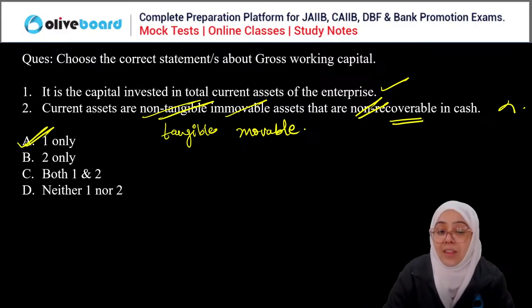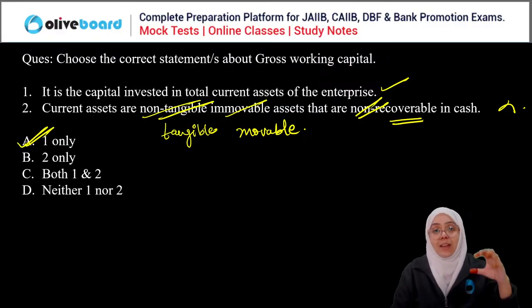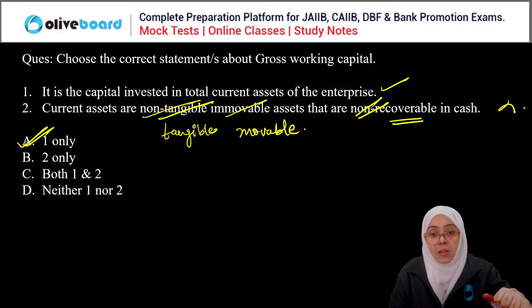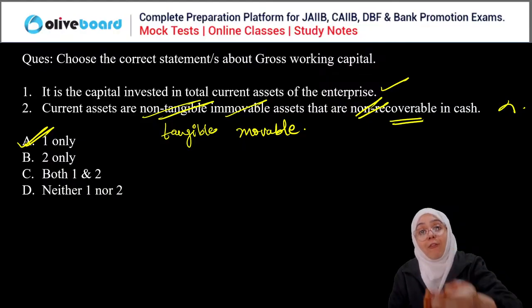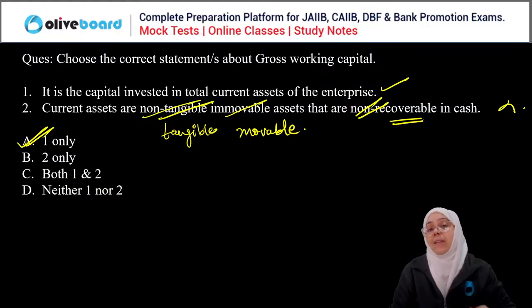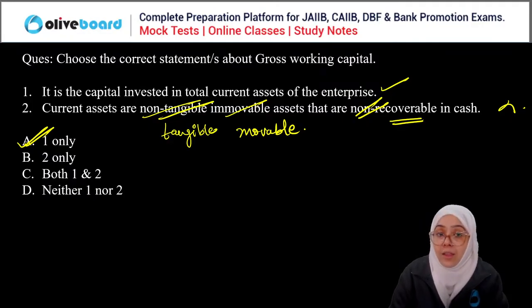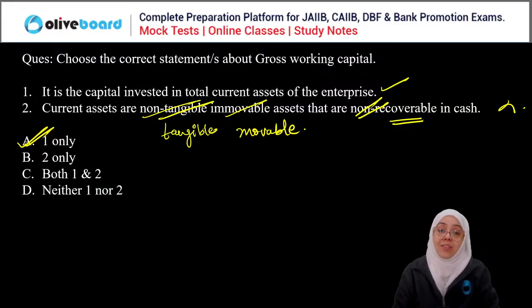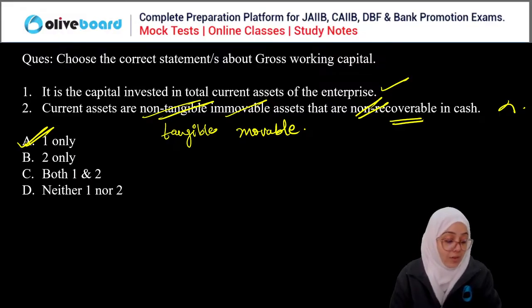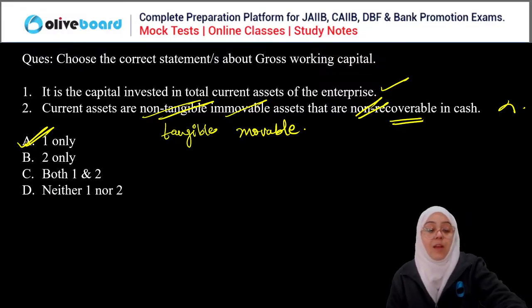Current assets are those assets which are tangible, movable, and recoverable in cash. That is called a current asset. And when capital is invested in current assets, it is called gross working capital. So one is the correct answer and the second is the wrong statement here, everyone.